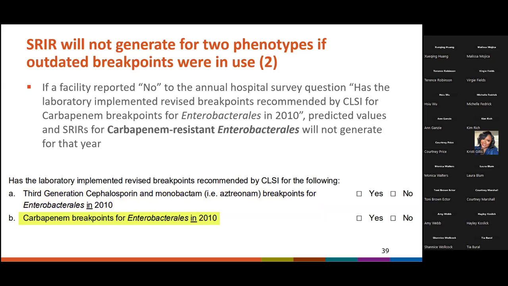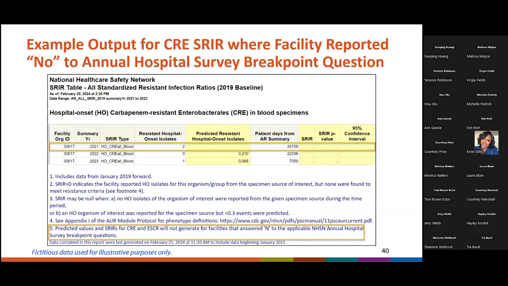In addition, if a facility reported no to the annual hospital survey question, has the laboratory implemented revised breakpoints recommended by CLSI for carbapenem breakpoints for Enterobacterales in 2010, predicted values and SRIRs for carbapenem resistant Enterobacterales will not generate for that year. For example, this facility reported no to the 2021 annual hospital survey question regarding implementing revised carbapenem breakpoints for Enterobacterales in 2010.